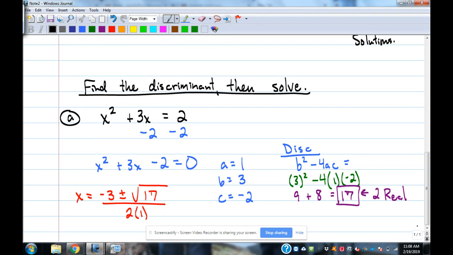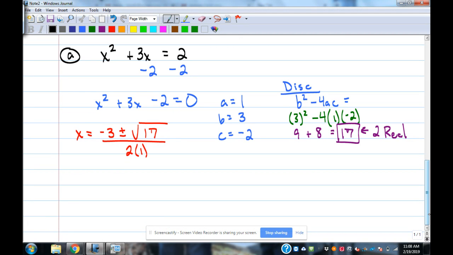So then we just work that out if we can. Try to simplify as much as possible. Will the square root of 17 simplify? No, 17 is a prime number, right? So there's no pairs that come out. It's not negative, so an i can't come out. So we just leave it square root of 17.